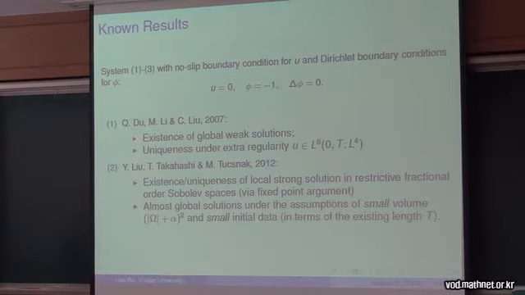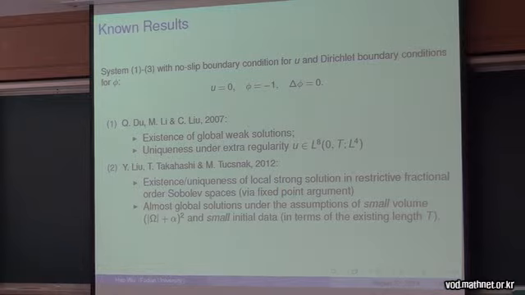And in the paper by Chun Liu and collaborators in 2007, they studied the existence of a global weak solution, and they can show the uniqueness provided that this weak solution is more regular. And later, in another paper by Yuning Liu and his collaborators in 2012, they can show the existence and uniqueness of local strong solutions.